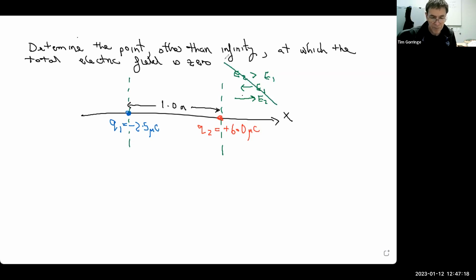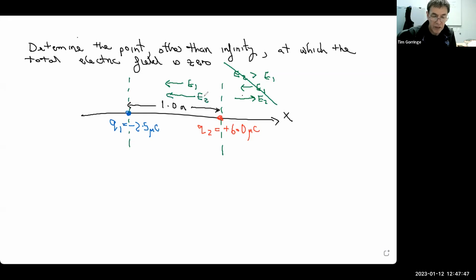So that won't work. What about the region in the center? In this region in the center, let's again first think about the directions of the electrical fields. The electrical field of charge number 1, which is negative, is towards the negative charge. And the electrical field of charge number 2 is away from the positive charge.